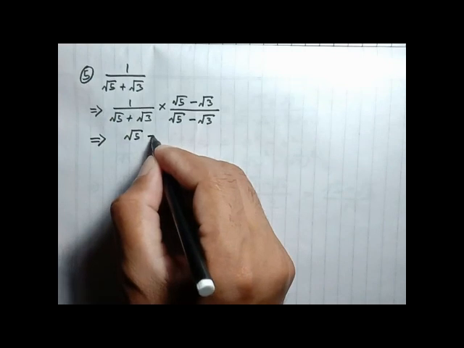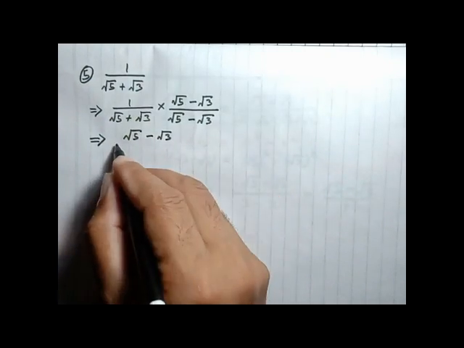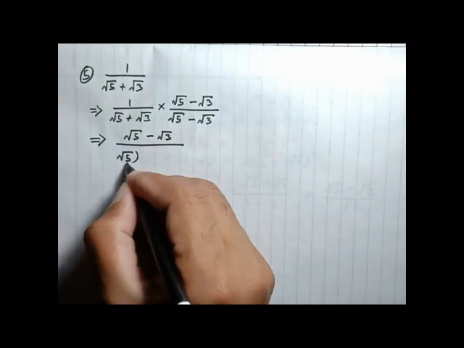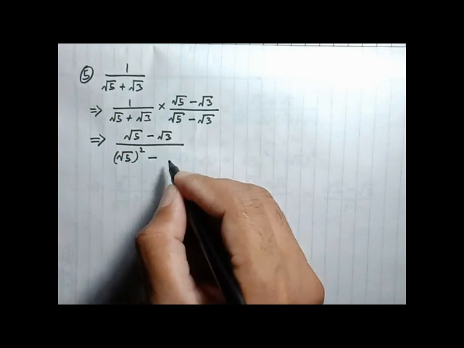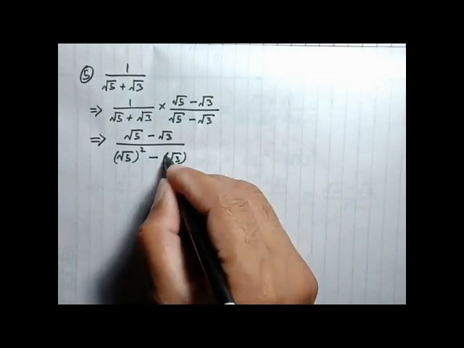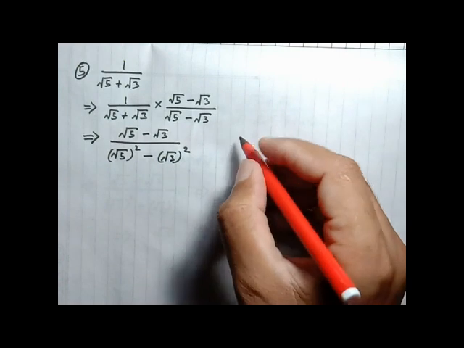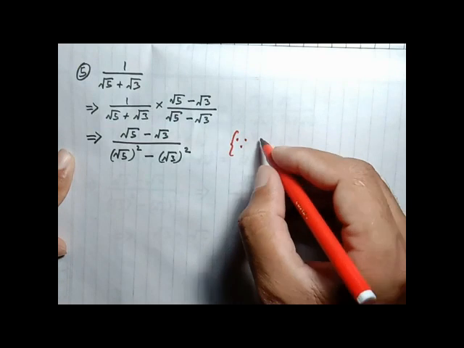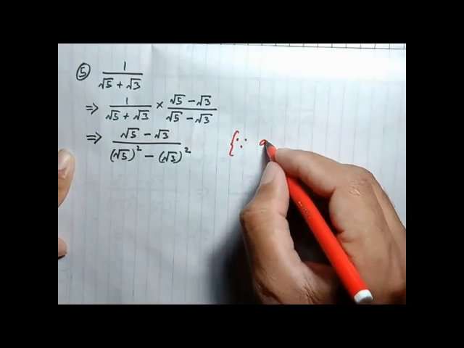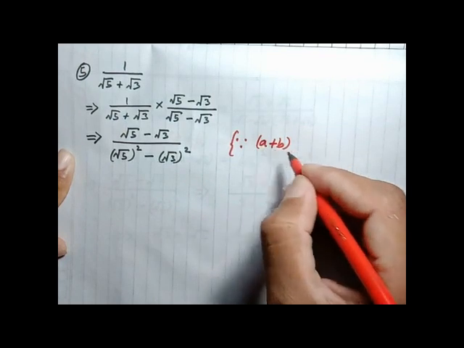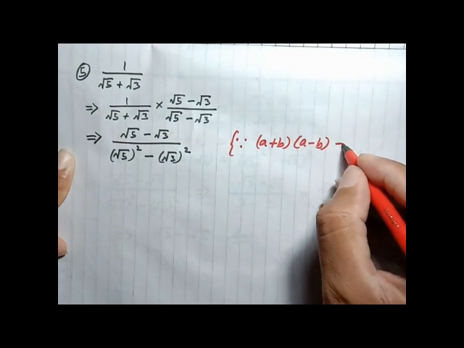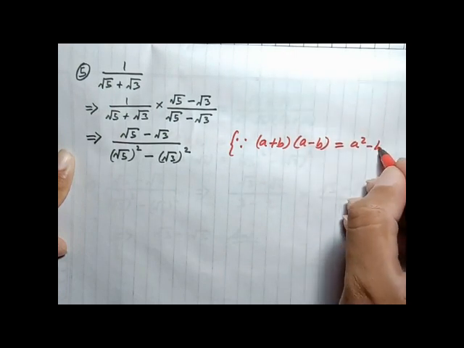So what will we get? We will get √5 minus √3 divided by √5 whole square minus √3 whole square, because a plus b into a minus b is equal to a square minus b square.